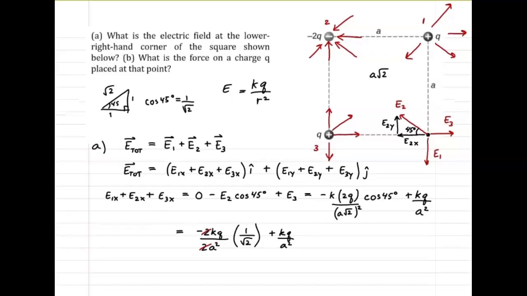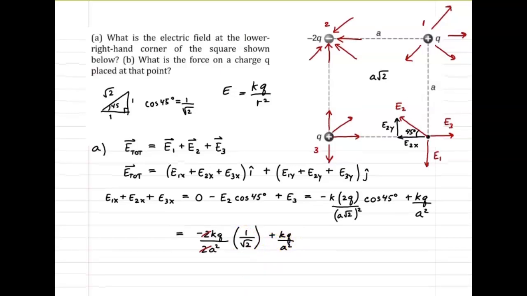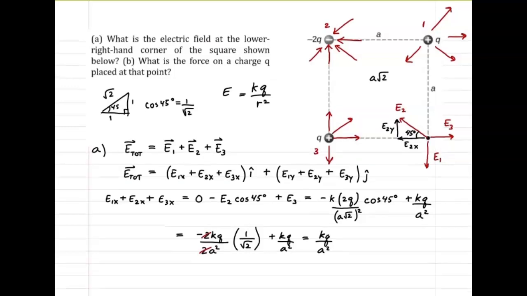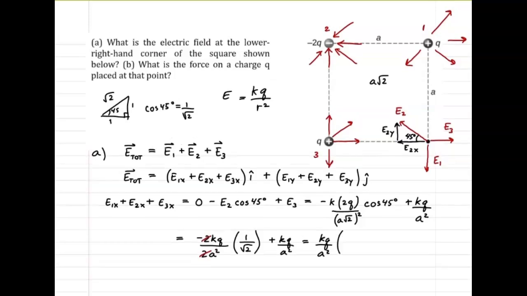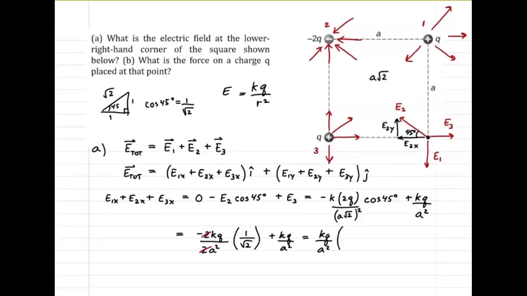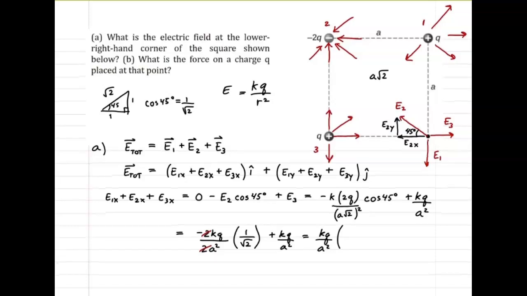Both terms have KQ over A squared. So whenever you see that, you can factor it out to simplify. So if I pull KQ over A squared out, what's left is minus 1 over root 2, and then this will be 1 that's left on this side.